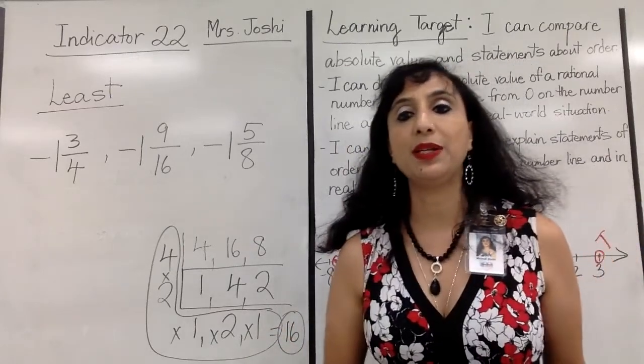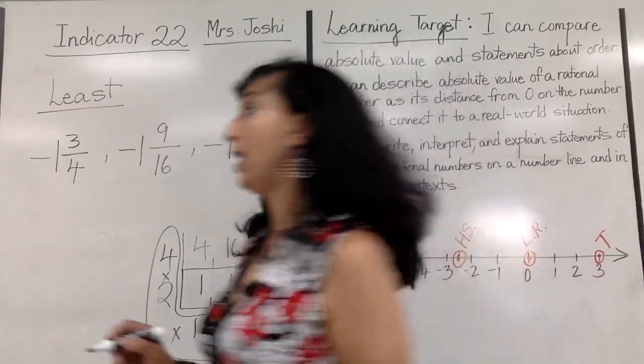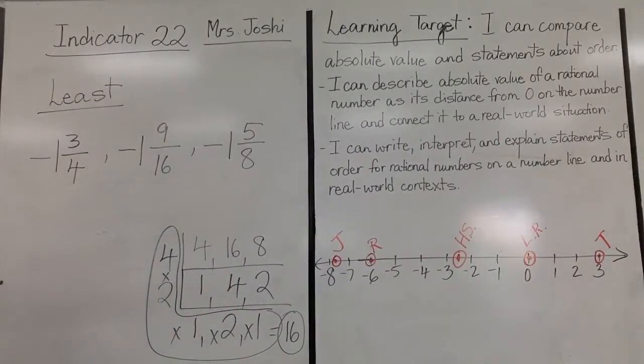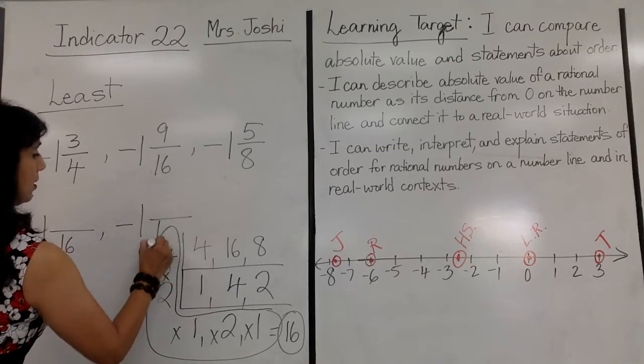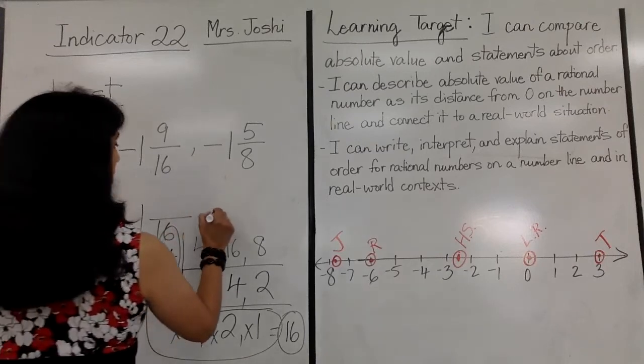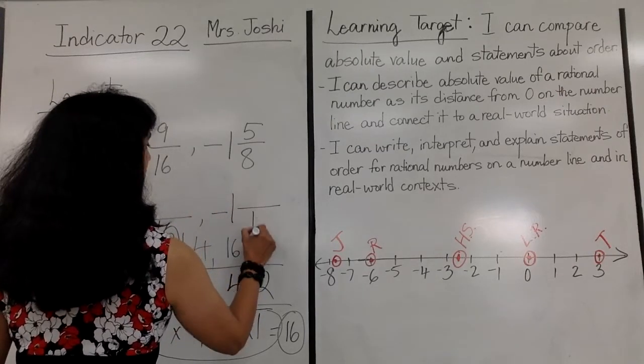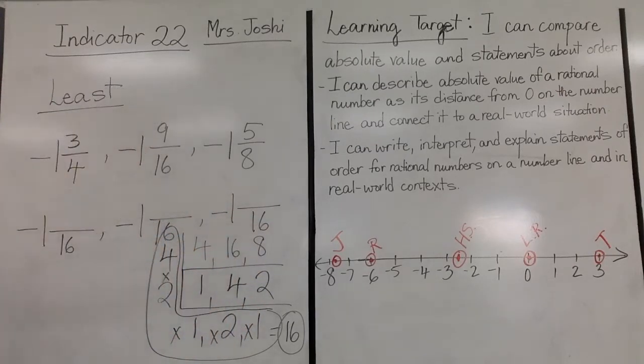So my least common multiple is 16, okay? So I'm going to put the same denominator for all of them so it becomes easy to calculate. This is 16 and this is 16, okay?